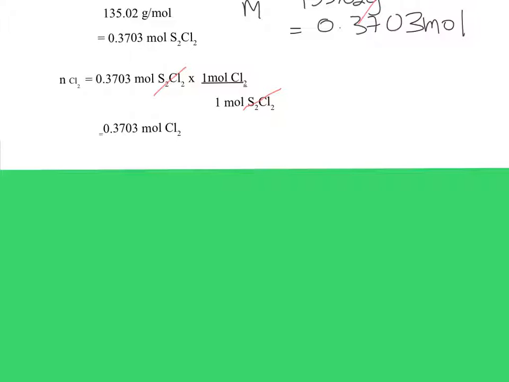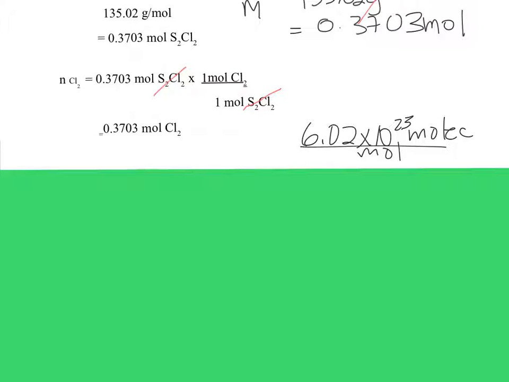We want the number of molecules of chlorine, so now we need to use Avogadro's number, 6.02 times 10 to the 23. Chlorine is a diatomic element, so it's particles or molecules per mole.